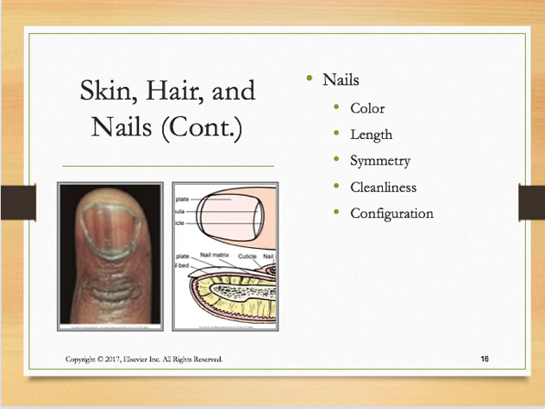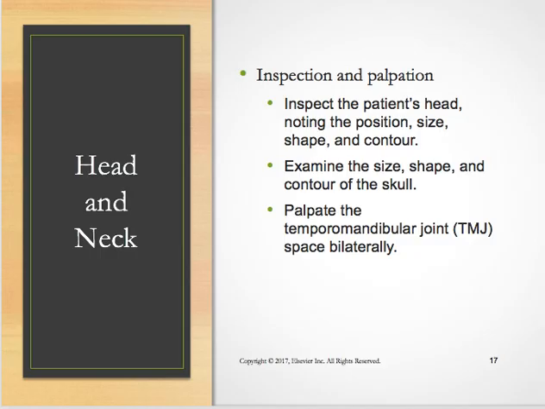Clubbing of the nails, and honestly, I'm not sure of the pathophysiology of why that happens, but someone who has clubbed nails, it can be a sign of an oxygenation problem. You're going to look at all different kinds of things on the nails that show you what may be going on. And I'm going to let you read through all of the notes underneath this because there's a lot of great information.